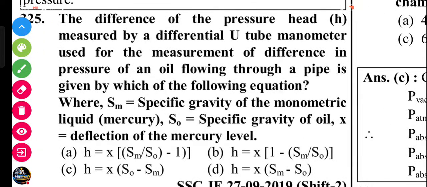Question number 25. The difference of pressure head by the differential U-tube manometer used for measuring the difference in pressure of the oil flowing through the pipe is given. Manometric liquid, specific gravity of the oil in the mercury level.